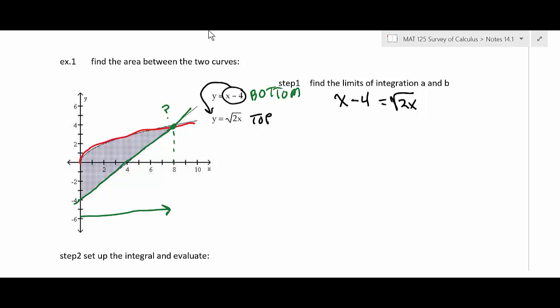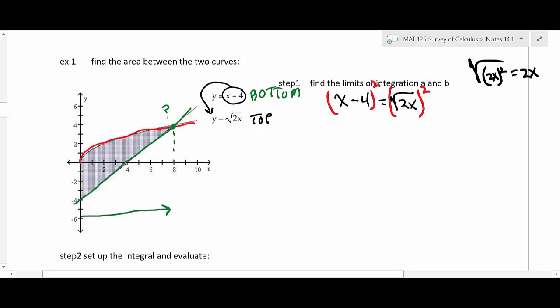You square both sides, right? You raise both sides to the second power, and that removes your radical. What you have to understand from your algebra background is that the square root of something squared is just itself. So we have to FOIL this. We're going to write that as x minus 4 squared.